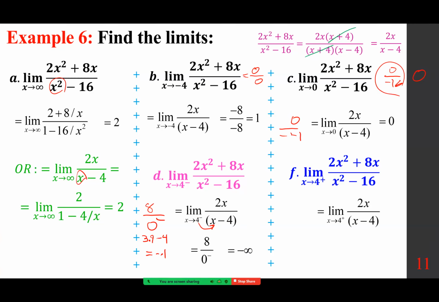Whereas here, you get 8 over 0 again, but this time 4.1 minus 4 is positive 0.1. So 0 from the right, and therefore it's positive infinity. That's how I figure out when I get to the denominator of 0, okay?